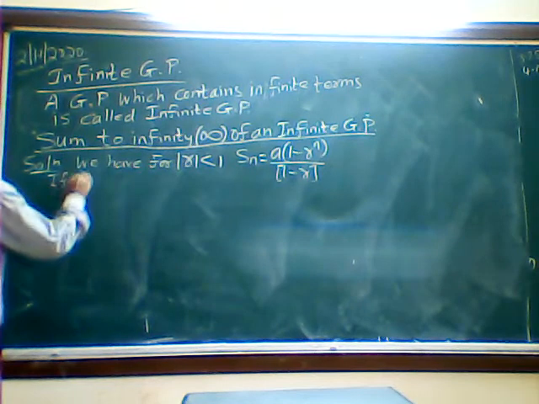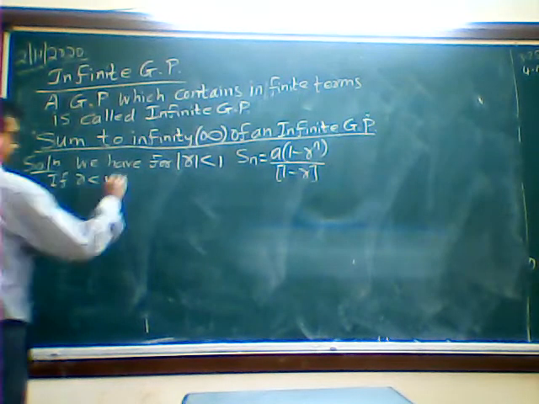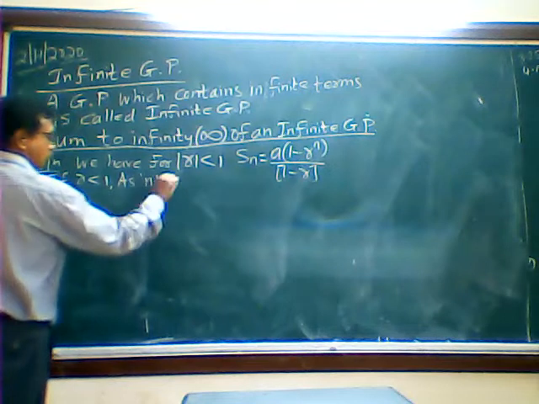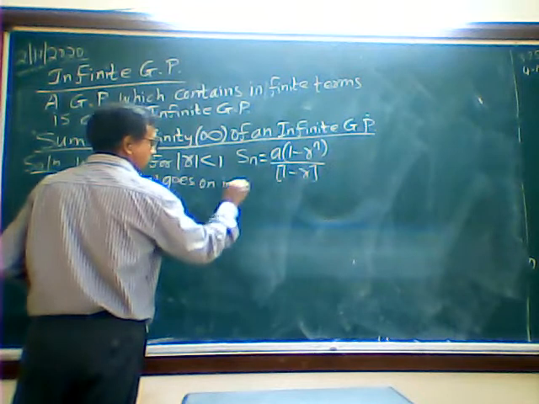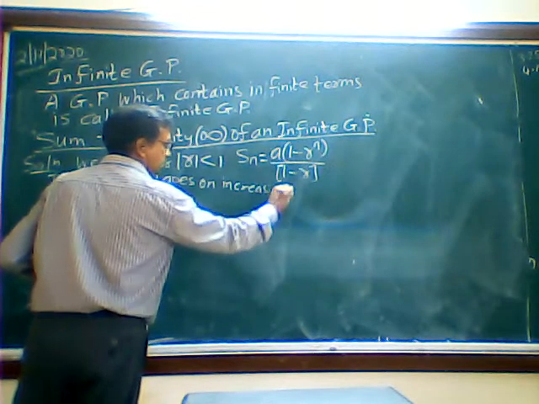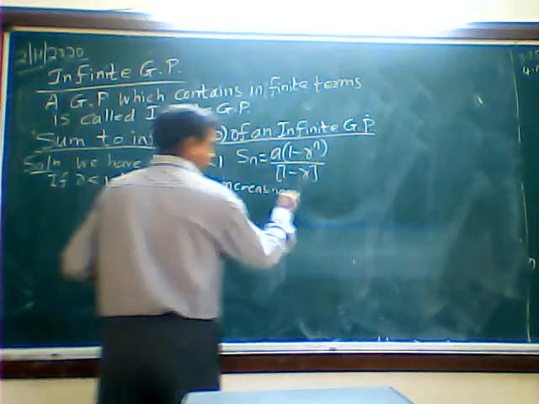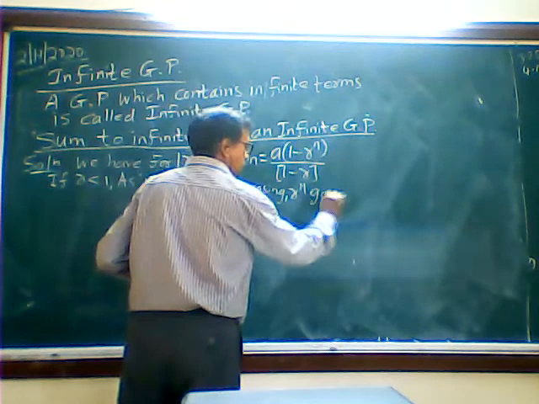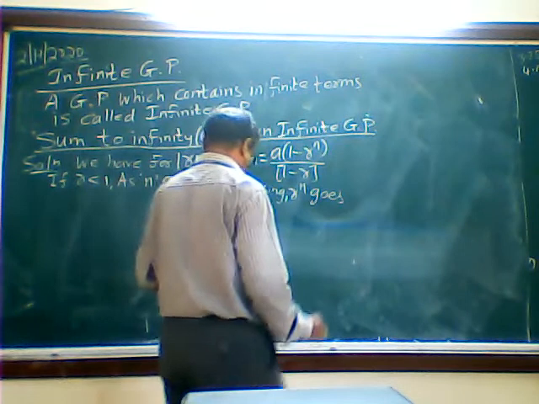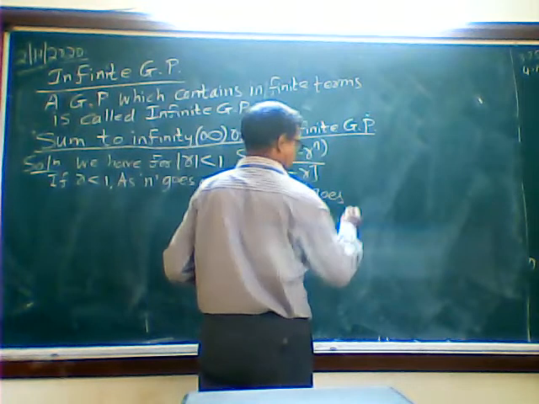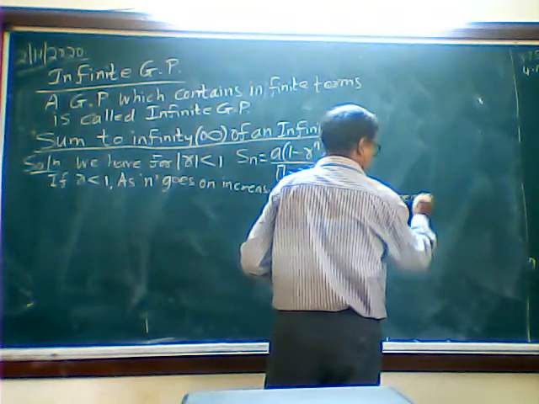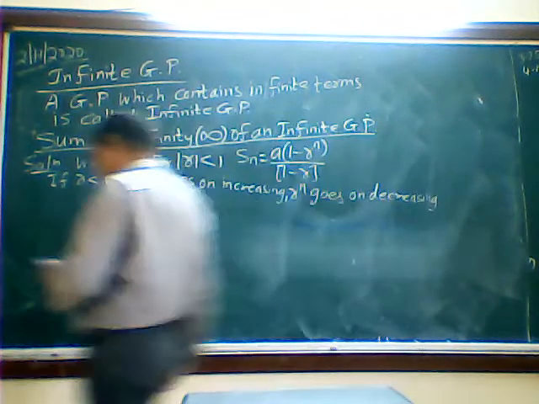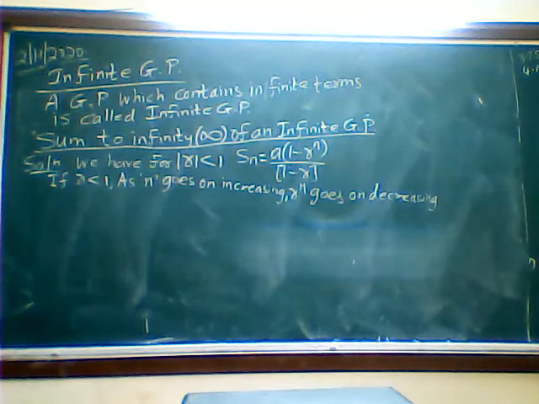So now we'll write it. If mod r is less than 1, as n goes on increasing, r raised to n goes on decreasing.